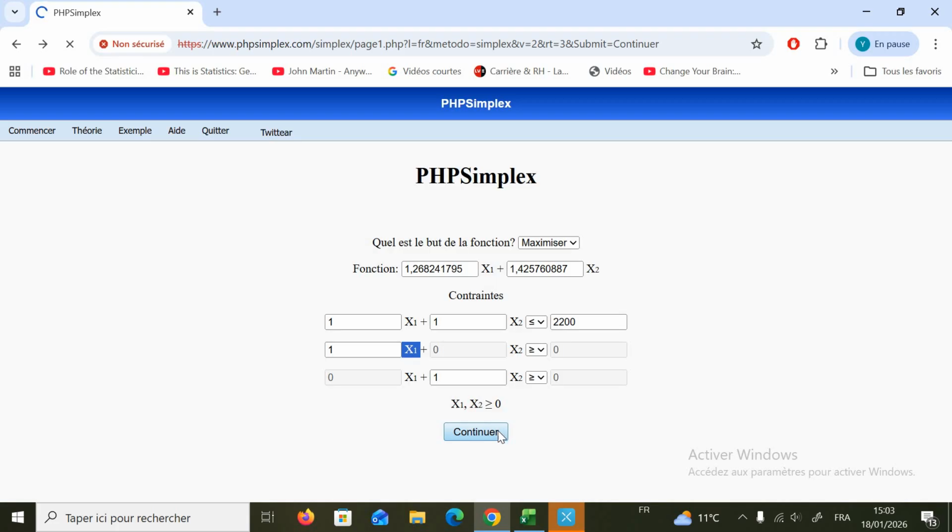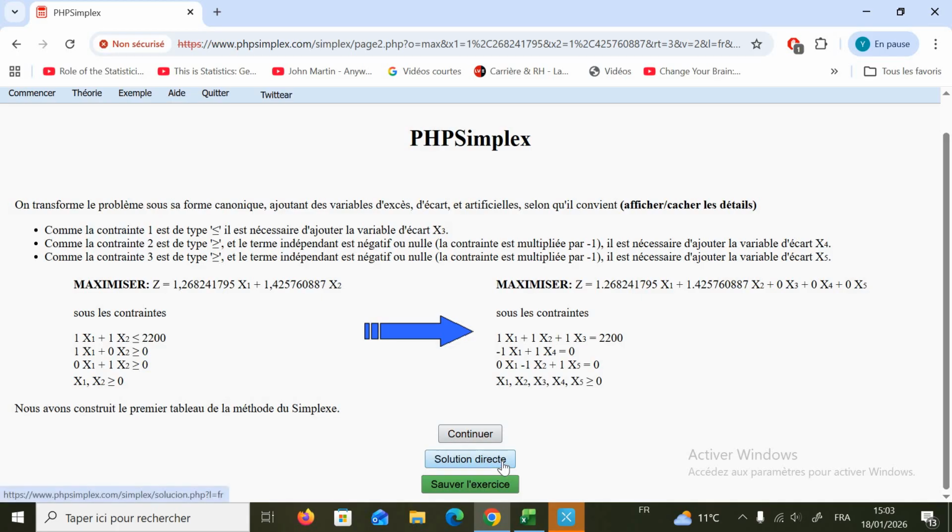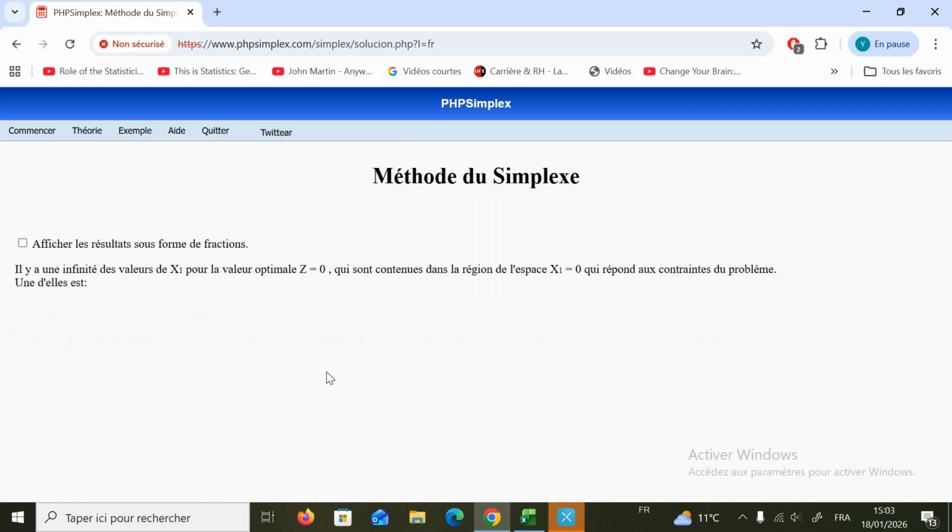We continue. We look for the direct solution. That means for x1, the value will be 0.